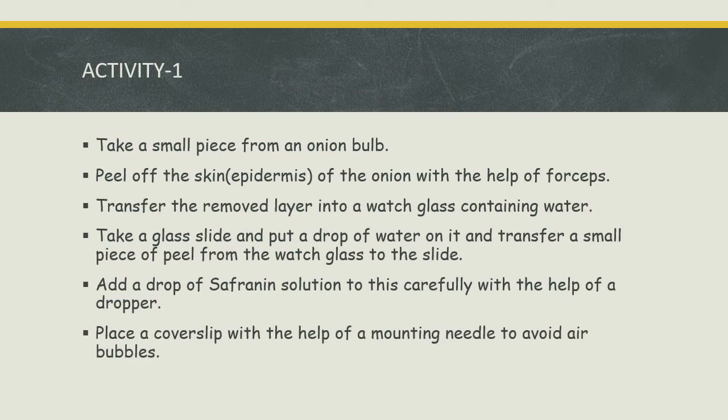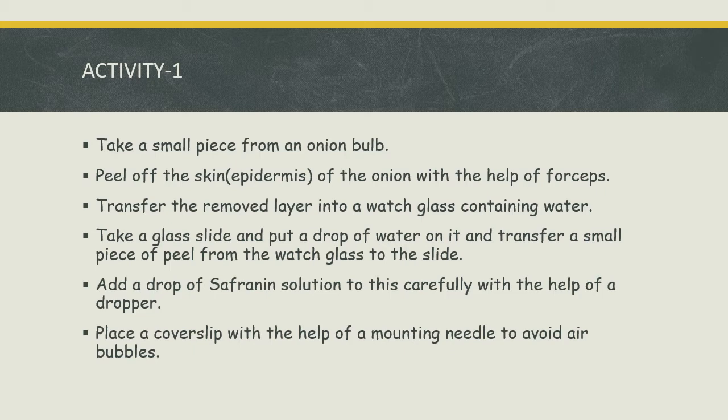This is one of the activities given in the book. You need an onion bulb. From that you take its skin, that is the epidermal layer, for doing this experiment, and place this layer into a watch glass which contains some amount of water, only a few drops. Mix it well.